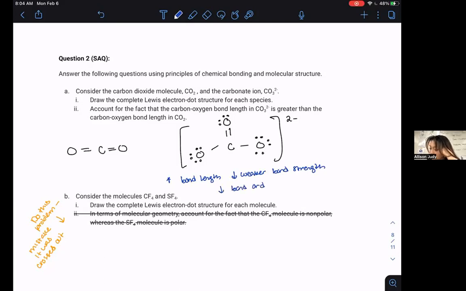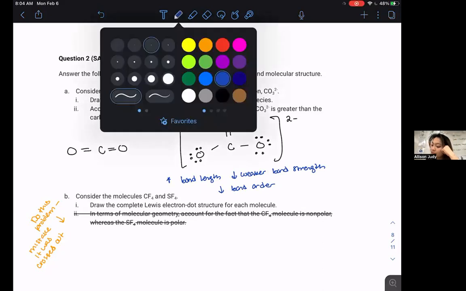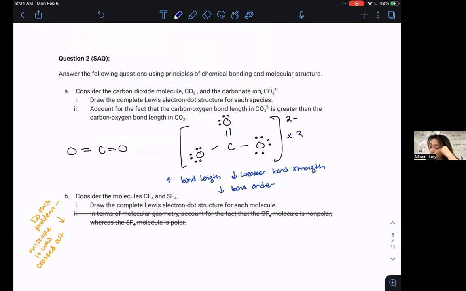So single bonds are always going to be longer than double bonds or triple bonds. So when we look at this structure, we know that technically carbonate has 3 resonance structures, where we can create a double bond across all the molecules.